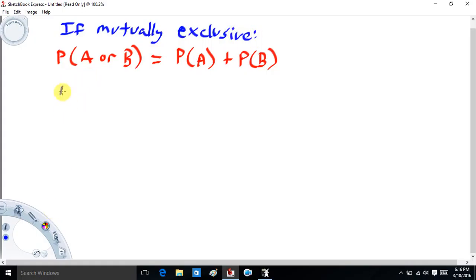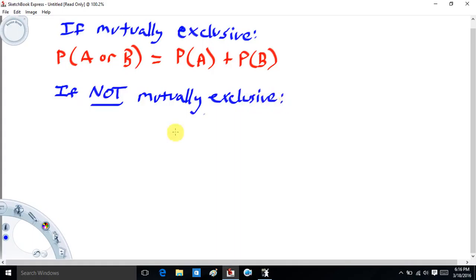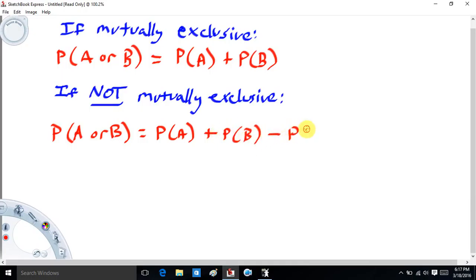So if it's not mutually exclusive, the probability of A or B is the probability of A plus the probability of B minus the probability of A and B.